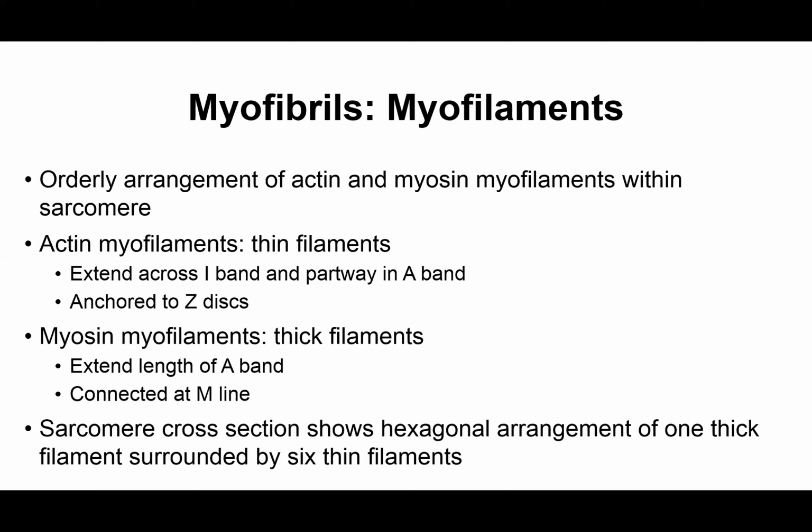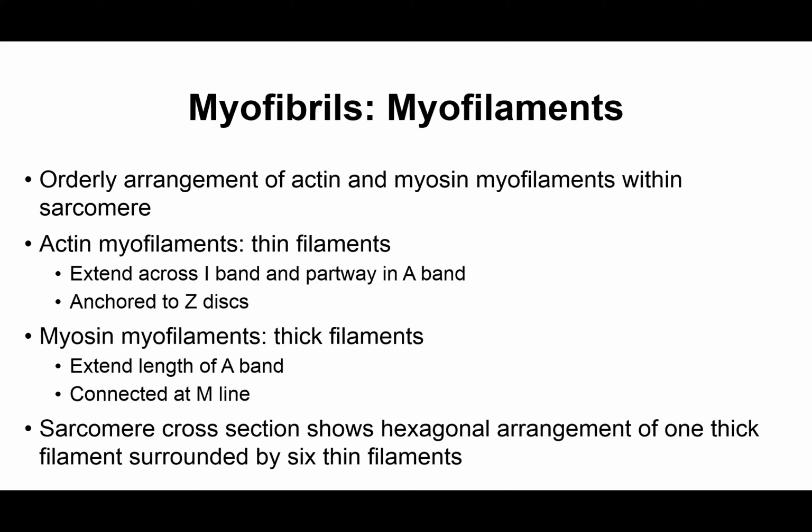But actin are our thin filaments. They extend across the I band and partially into the A band, but they're anchored to the Z discs. Myosin are our thick filaments, and they run the entire length of the A band and connect at the M line.